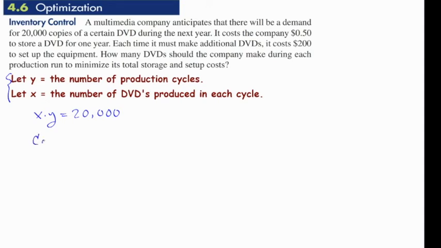On top of that, we have a cost equation that says it will cost them $200 to set up the equipment to make additional DVDs. So 200 times the number of production cycles, y, plus the 50 cents to store the DVDs for a year, times the number of DVDs, x.